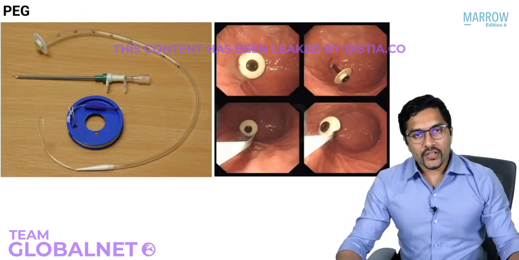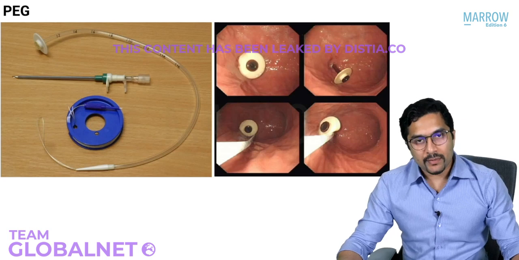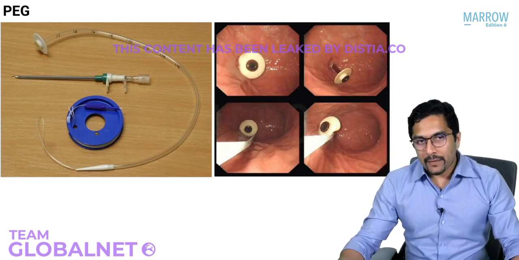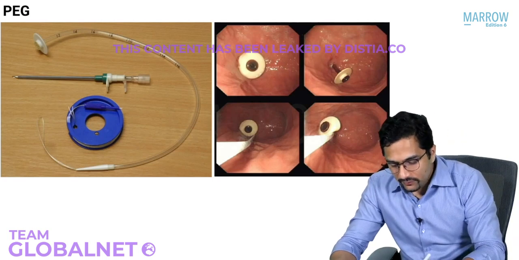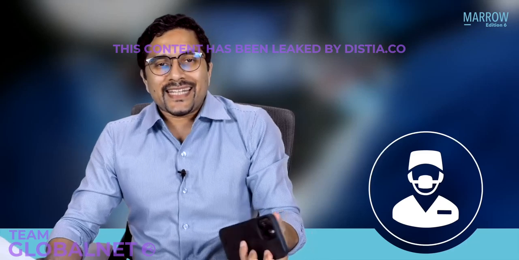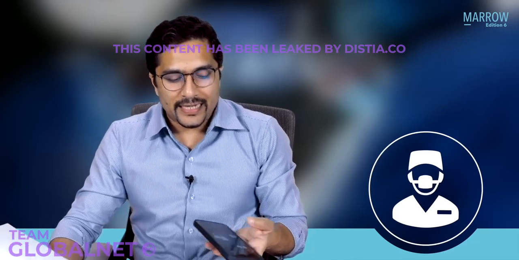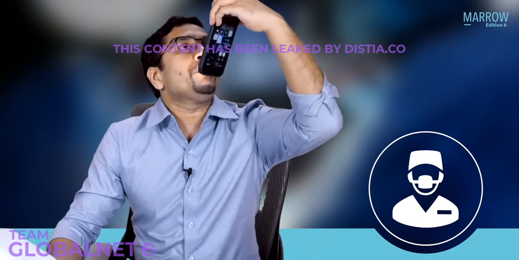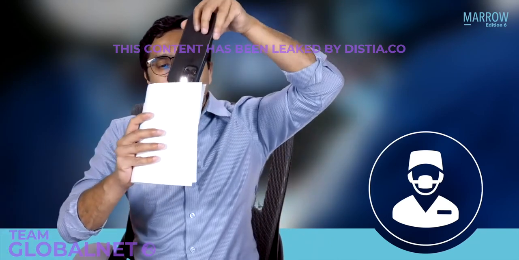PEG stands for percutaneous endoscopic gastrostomy. That is a method which can only be used for gastrostomy. In PEG, we are going to put in an endoscope. I take an endoscope, and I'm going to put it inside the patient's mouth like this.